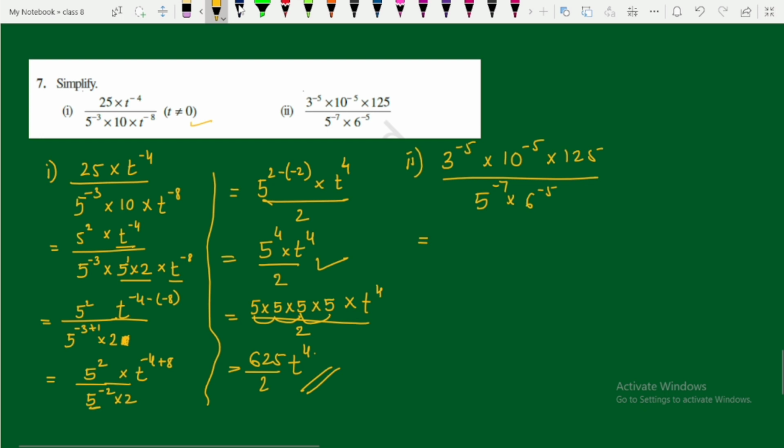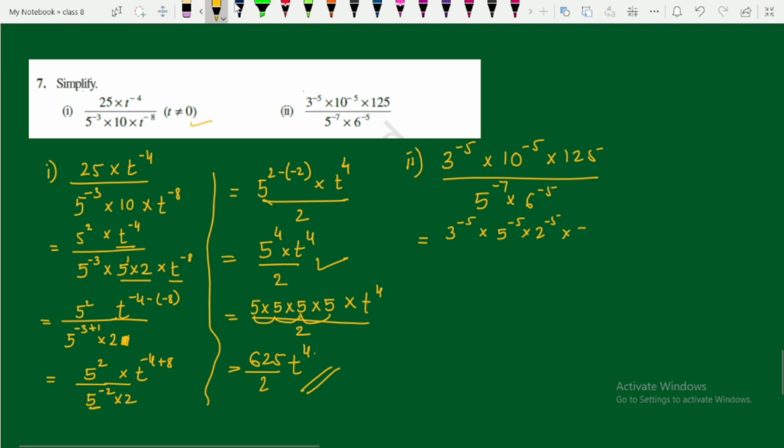So here 3 raised to minus 5, we'll write it as it is. Then 10 raised to minus 5, we can write as 5 raised to minus 5 into 2 raised to minus 5.